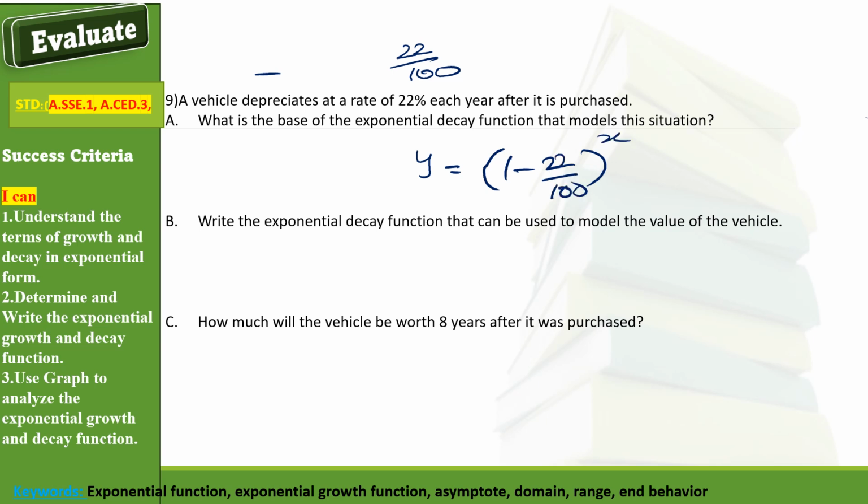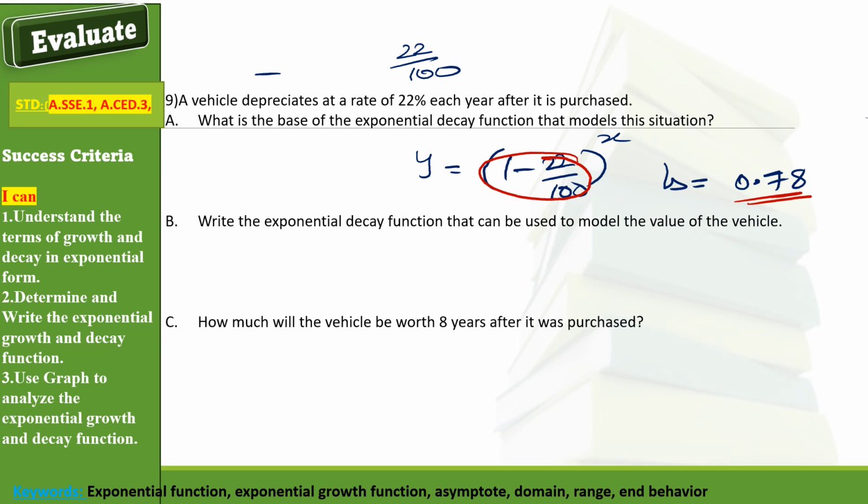So this is the base, which means if you calculate 1 minus 22 over 100, you will end up with 0.78. So the base is 0.78. How did you get it? Write it in the calculator and you will get this.